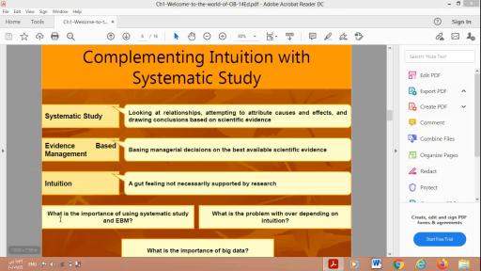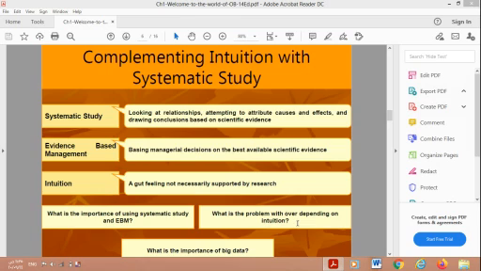Here is a question: what is the importance of using systematic study and evidence-based management? As we said before, it is to study the behavior of employees within the organization and predict it more accurately, in order to modify it, change it, increase it, or decrease it.